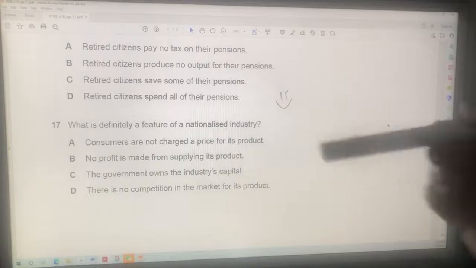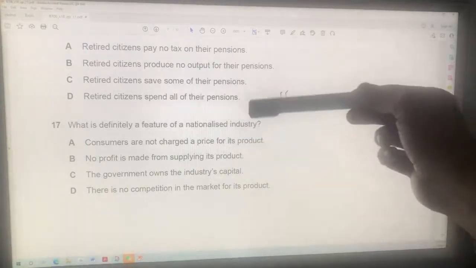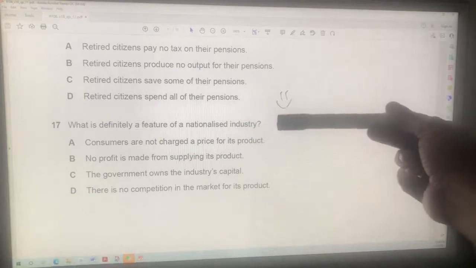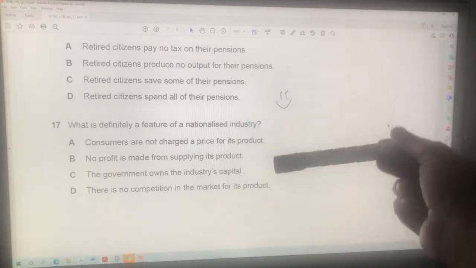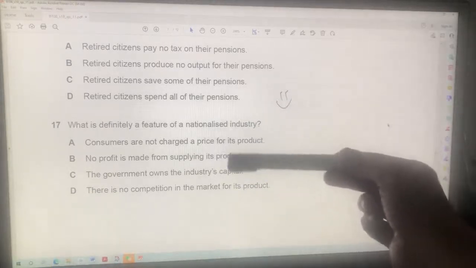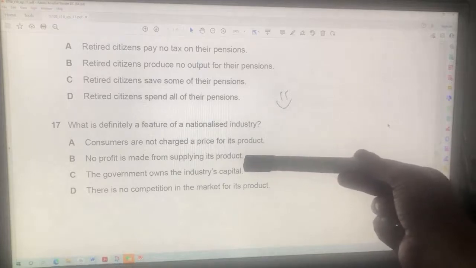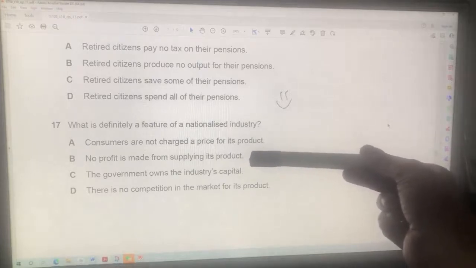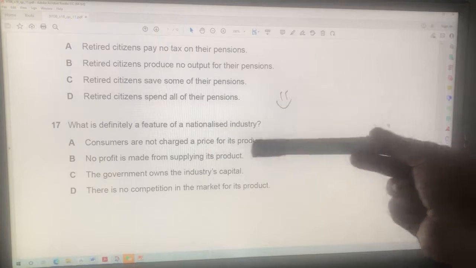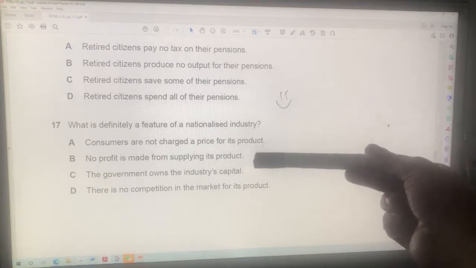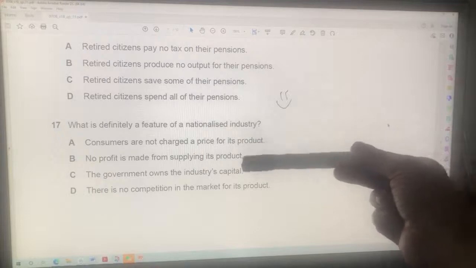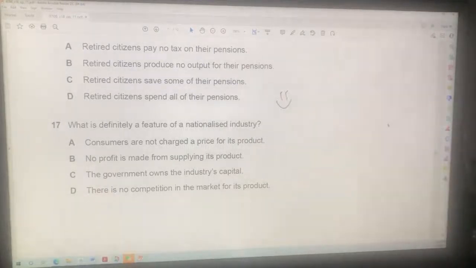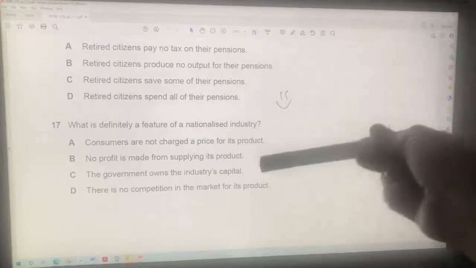Nationalized industry is now the government owns and controls the industry. Not A. B says no profit is made from supplying its product. The government might make a profit from their industries. So not B.